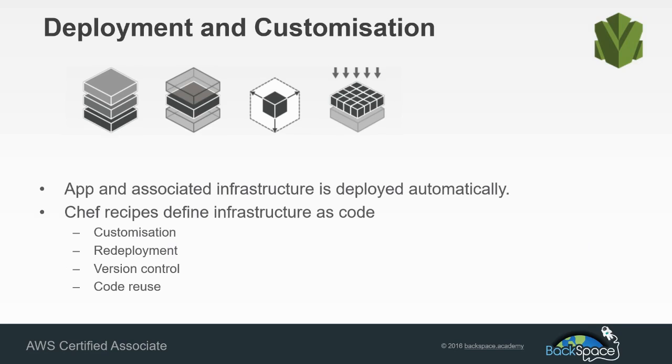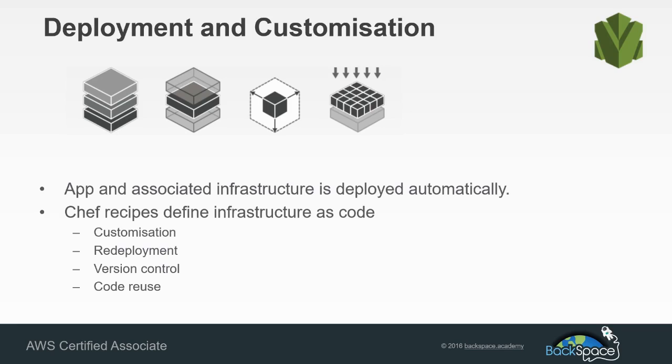So then once we've got those layers, we've got our stack, we can then look at deployment and customization. Our app and its associated infrastructure that is needed for that app to run will be deployed automatically through OpsWorks. And our Chef recipes define our infrastructure as code. So we can use those Chef recipes to further customize.